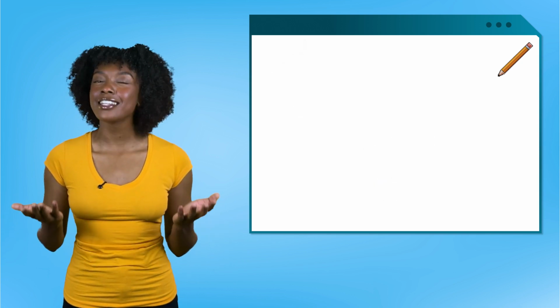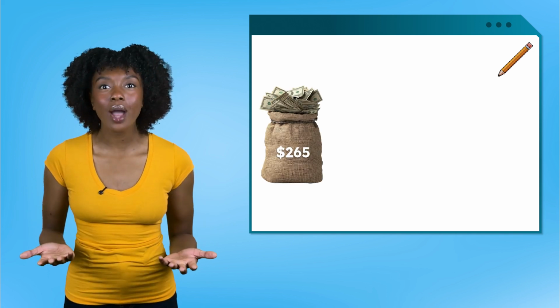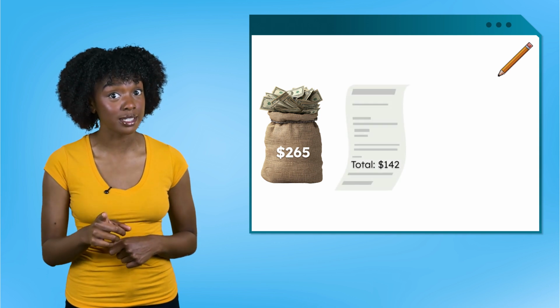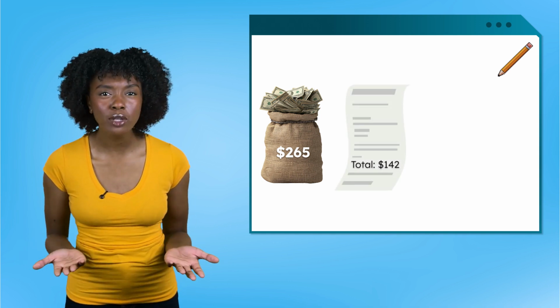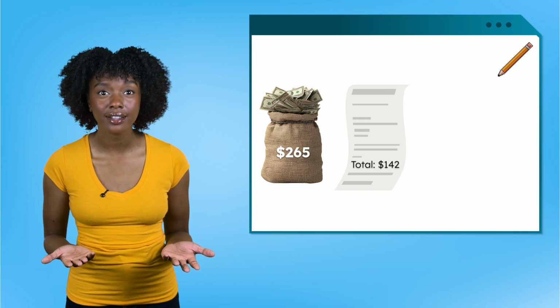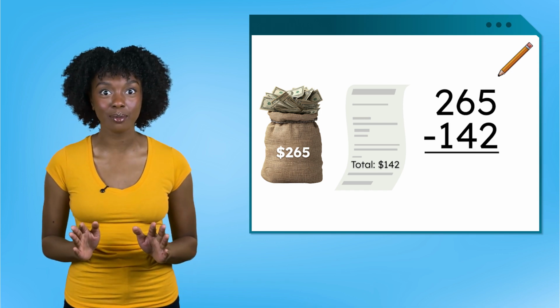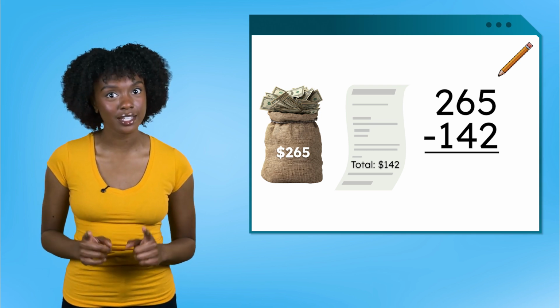Great! Now, what about 3-digit numbers? What if you had saved up $265 and you just spent $142 at the store? How much money would be left? Line up the place values just like we did in the last 2 examples, then subtract. 5 minus 2 is 3.